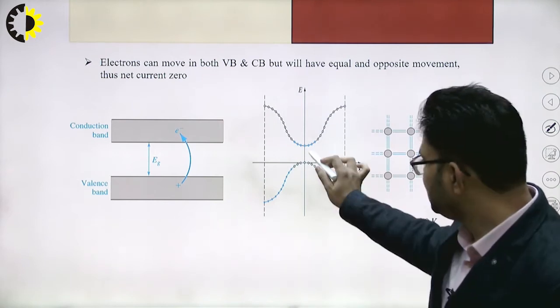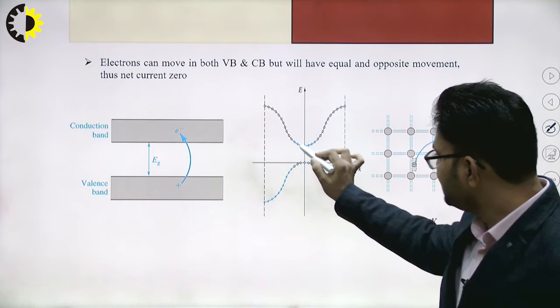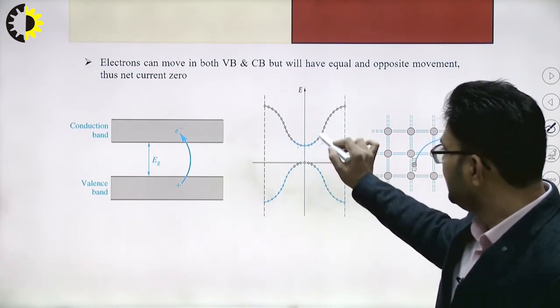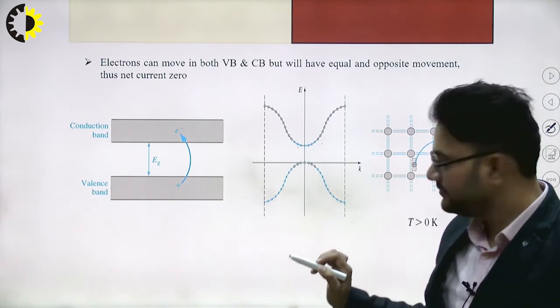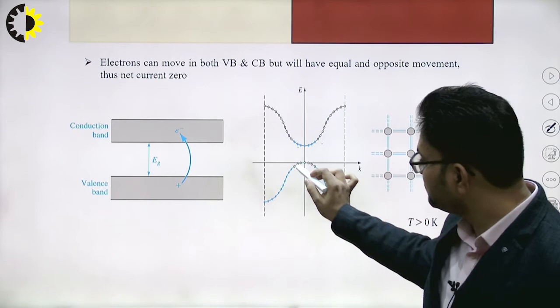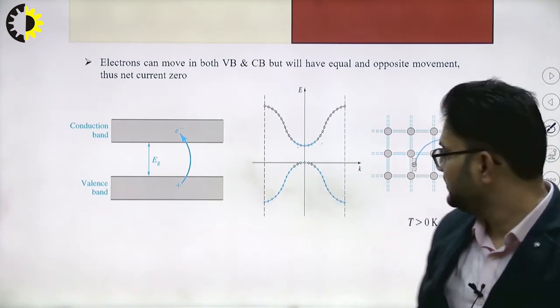In this diagram, if you notice, there will be a symmetrical distribution of the electrons in the conduction band, and a symmetrical distribution of the holes in the valence band, right?